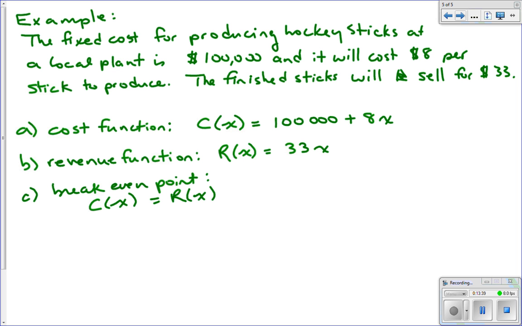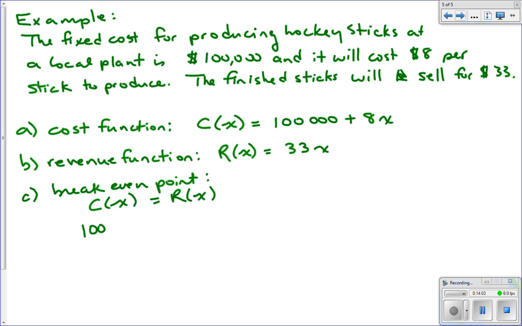So let's set these two equal to each other. Now I'm looking at these two functions, and this is a whole new way of solving a system, because we're not quite doing substitution and we're not quite doing elimination. But what we're doing is comparing the two functions, and when we set them equal to each other, we find the break-even point or the crossing point of the two lines if we were to graph them.